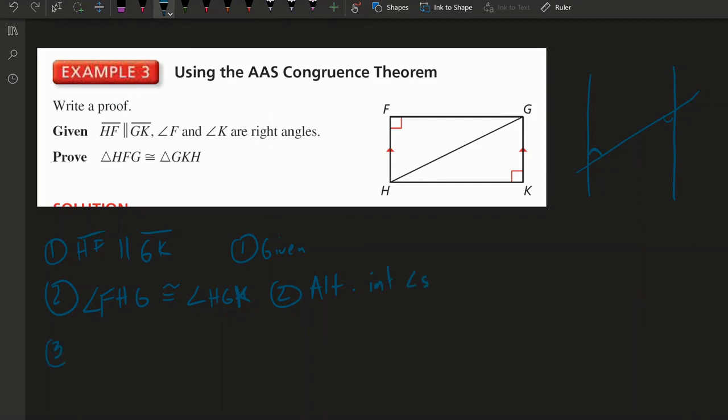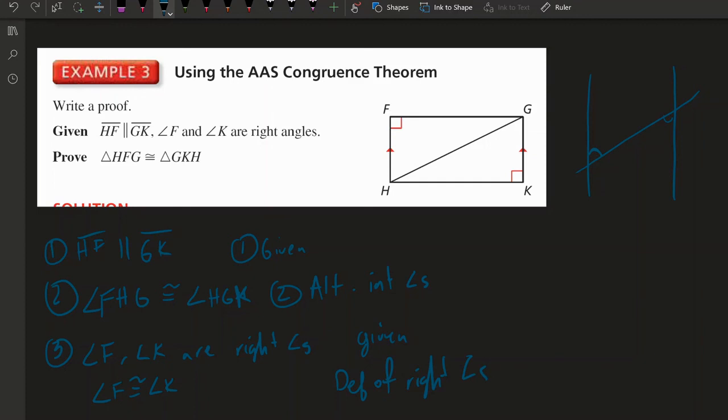Okay, step 3, I can say angle F and angle K are right angles, and so therefore angle F is congruent to angle K. This one is given, and then this one is definition of right angles.